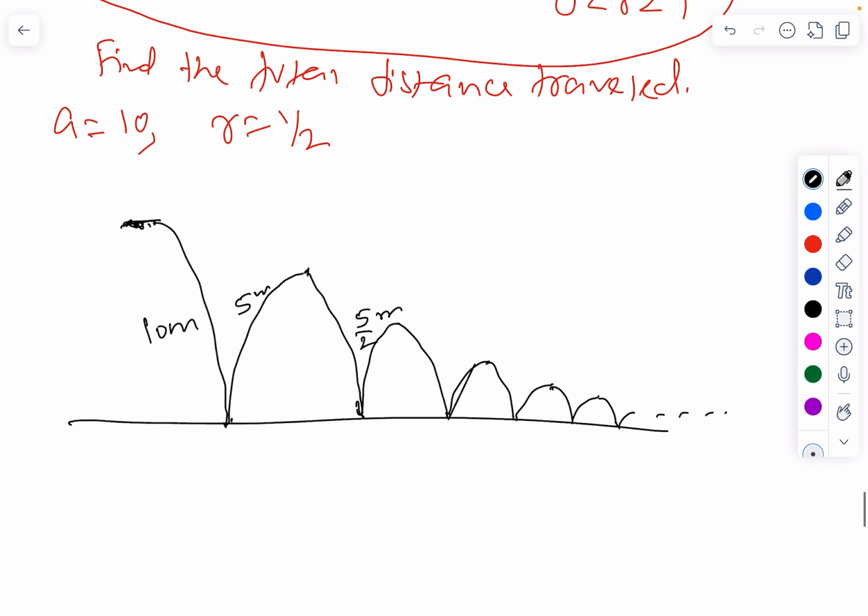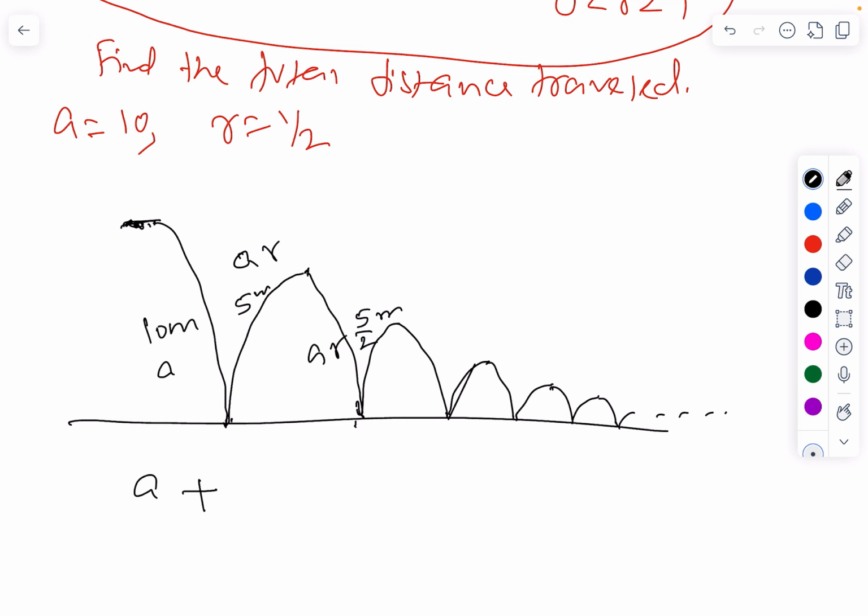In general, the first distance is A. Next distance is AR, but AR two times, because it goes up AR and again comes down AR.